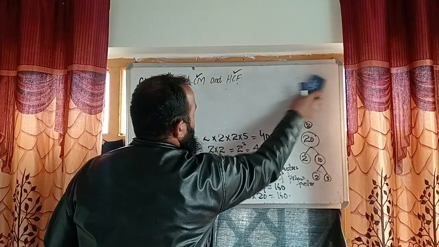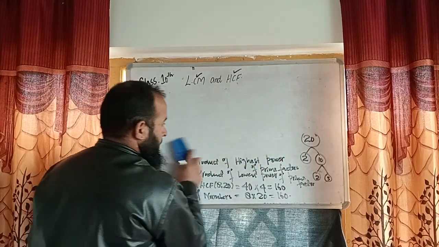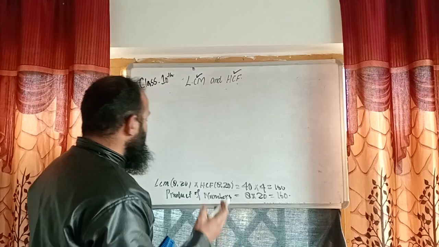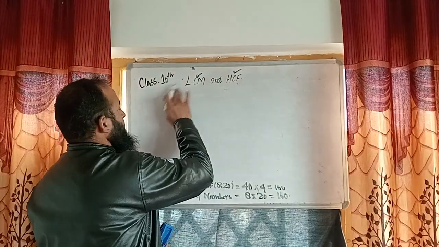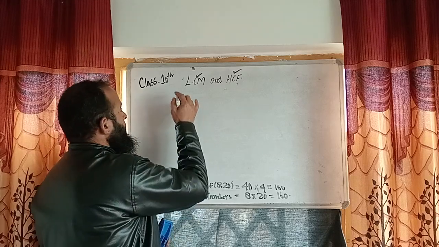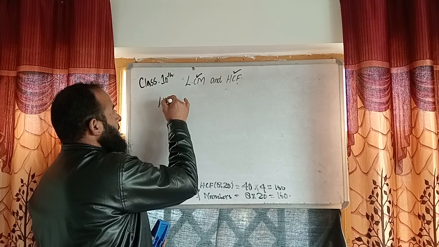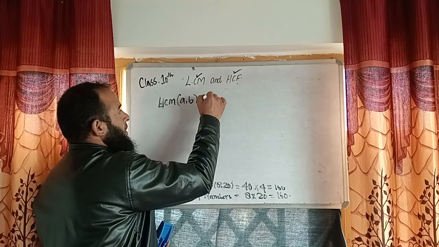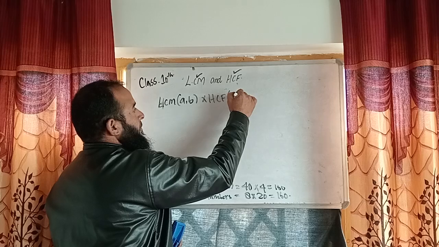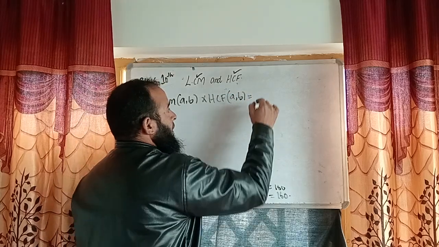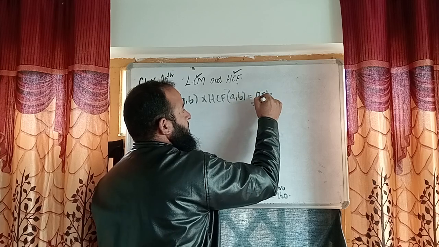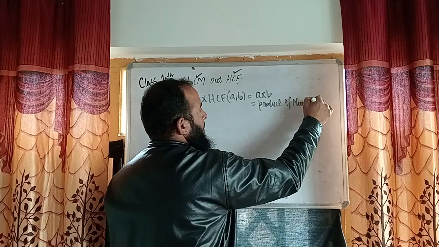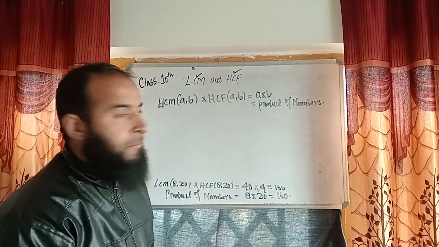See, what we have got from this. If we have two numbers A and B, then we can write LCM of A, B cross HCF of A and B will be equal to A cross B, that is the product of numbers.